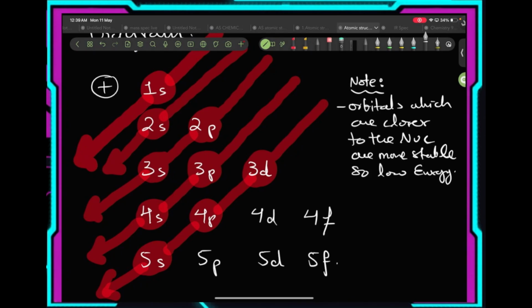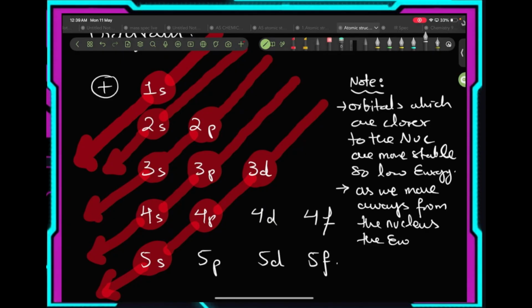And the second point we could write from here is that as we move away from the nucleus, the energy of the orbitals of the subshell increases.